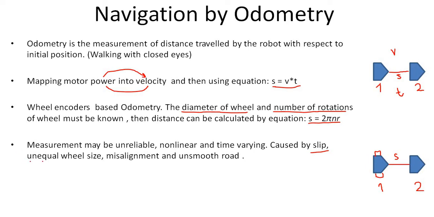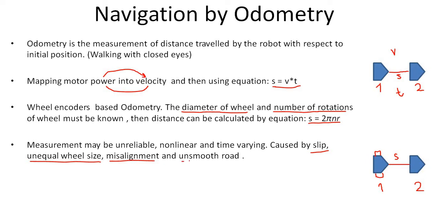And then we have unequal size of wheels. Sometimes the wheels are not perfectly equal, so the left wheel is a little bit larger than the right wheel, and this also creates problems. Also, the misalignment of the wheels. Sometimes the axle is not perfectly aligned, and this makes the wheels not equally aligned with each other, which again causes errors in the odometry.